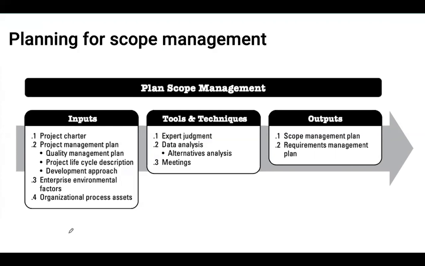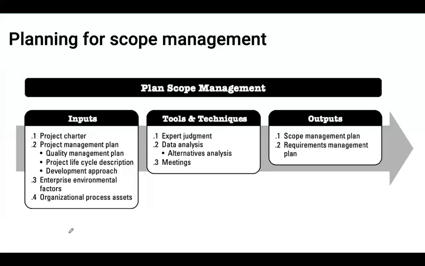Because the way of managing scope, which is essentially the focus of planning scope management, should be the same for the same type of projects. At the end of planning scope management, you will have produced the scope management plan, so how to deal with all the scope management processes, and you will also produce a plan for how to deal with the requirements and some associated documents.